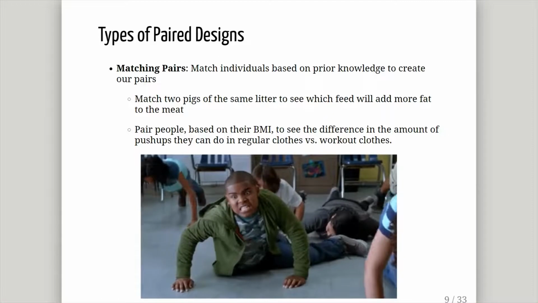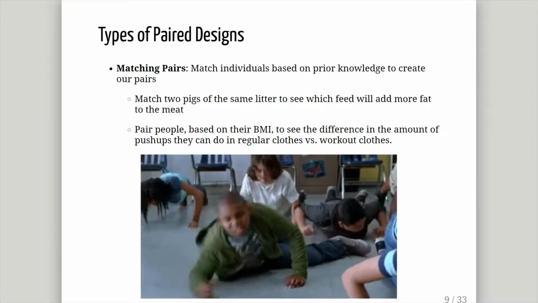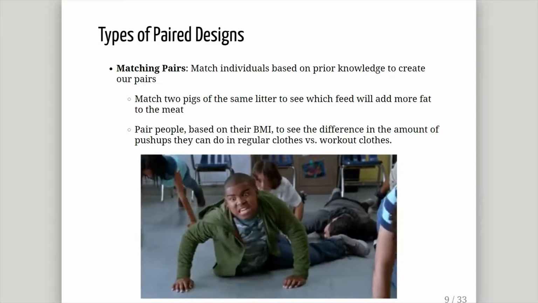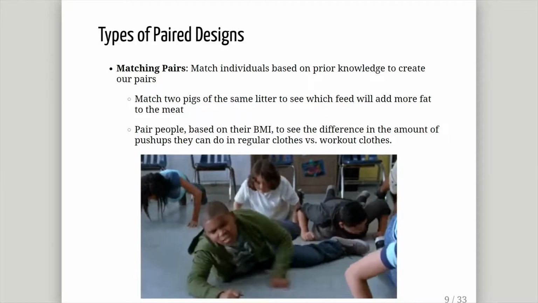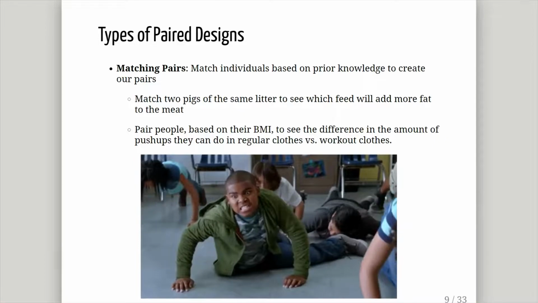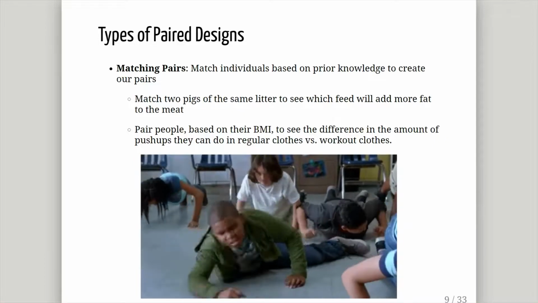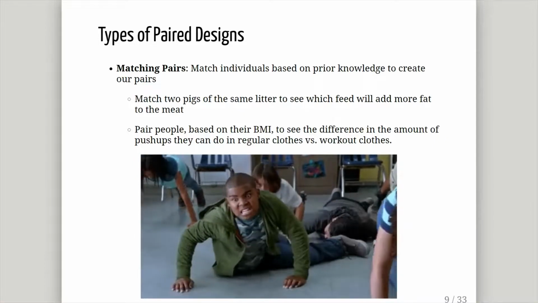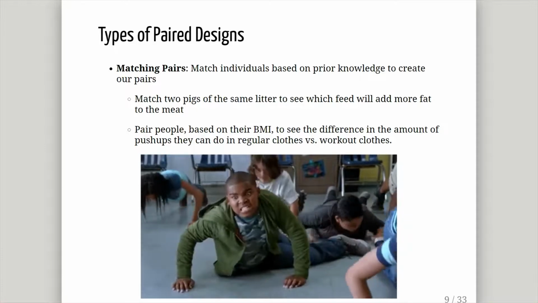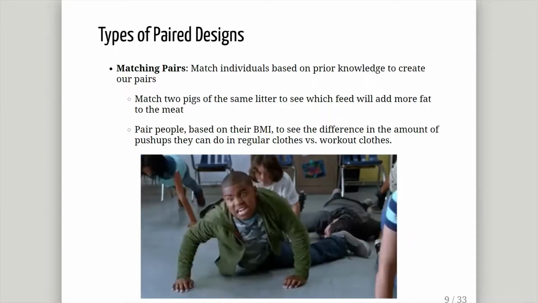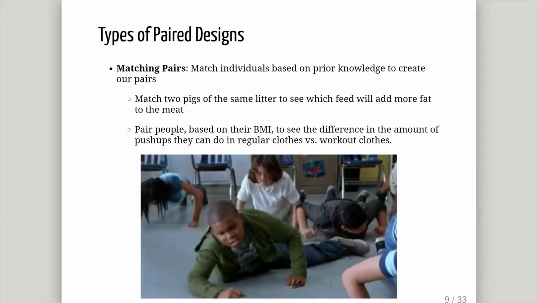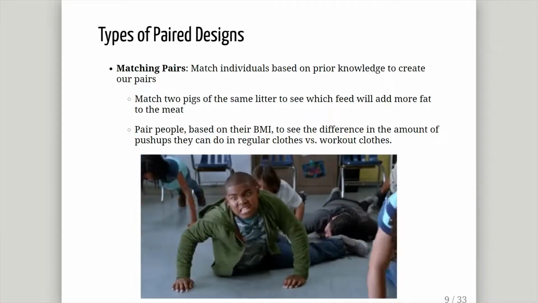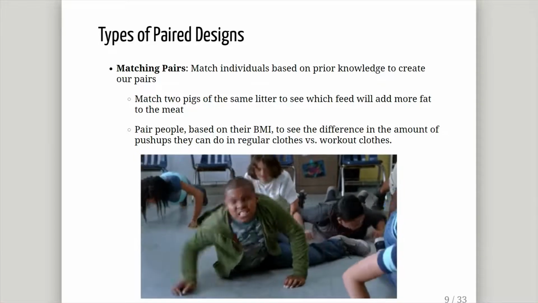Second, this one's fun. You could pair people based on their BMI, body mass index, to see the difference in the amount of push-ups they can do in regular clothes versus workout clothes. So we have this poor fella here. We would make him into a pair with a person that has a similar BMI to him. That can be a man or woman.